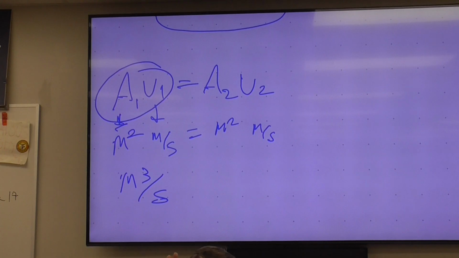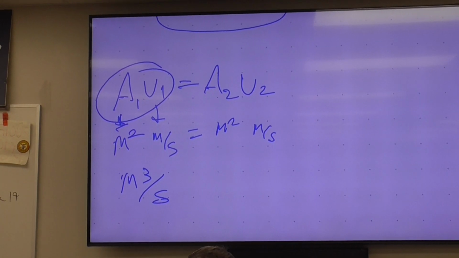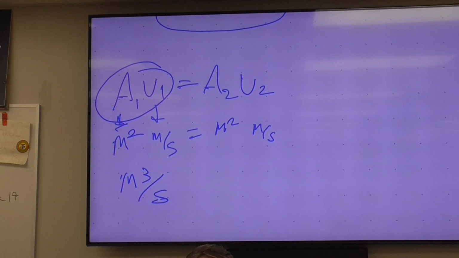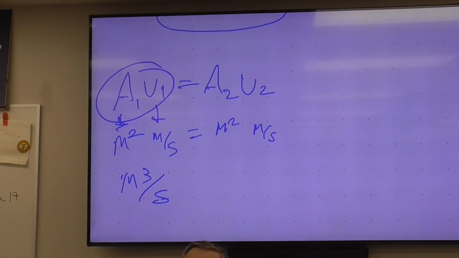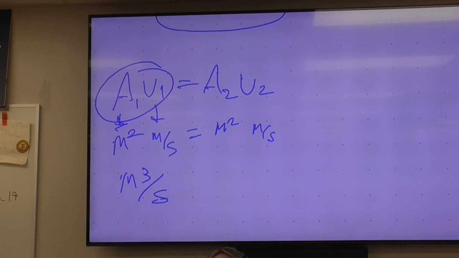It's like a slug. So whatever volume of water is moving here per unit of time has to be the same volume of water coming out here per unit of time.